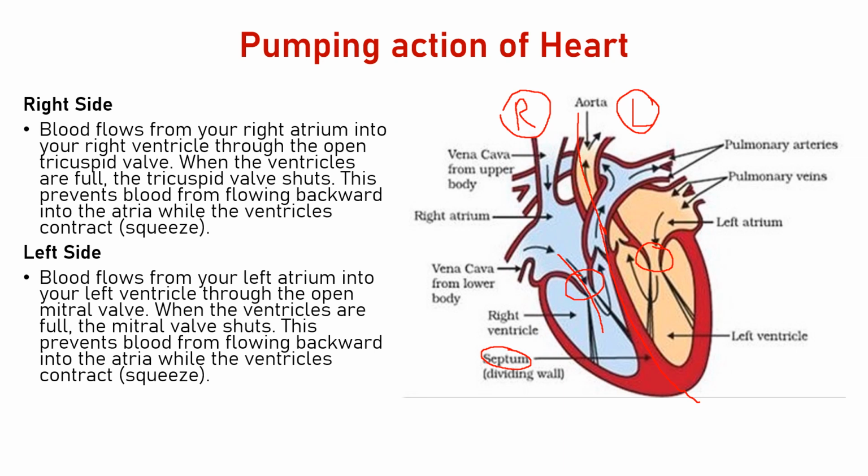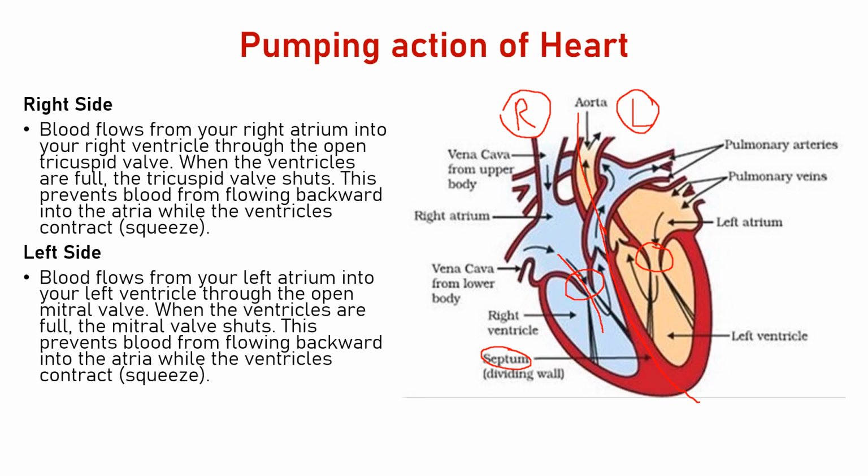Because see, when I'm talking about ventricle systole, that means both the ventricles, that is right ventricle and the left ventricle, contract together. And when I'm telling atrium systole, that means both the atria, that is right atrium and the left atrium, contract together. Okay, they contract together. So when ventricle contracts, what happens?